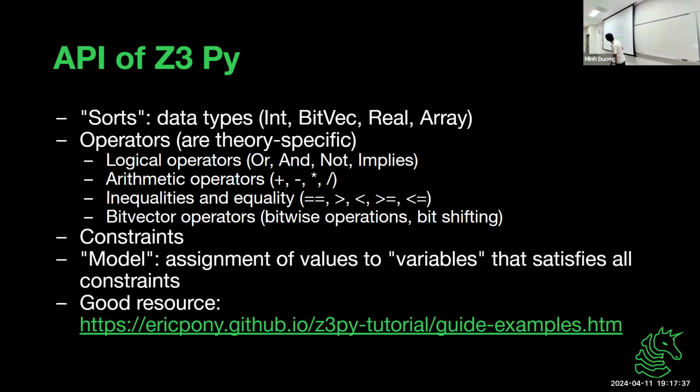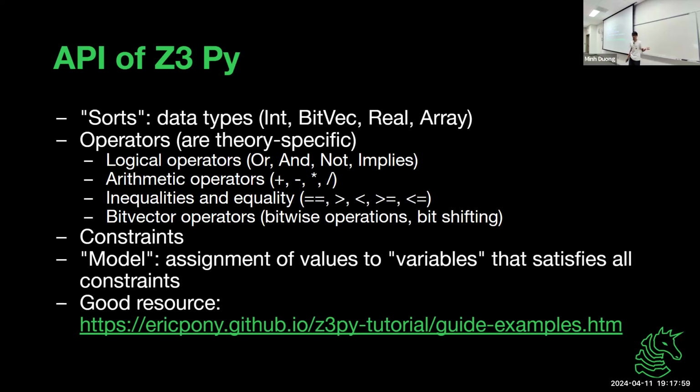Depending on the theory that you use, you get addition, subtraction, multiplication, division. You can do inequalities. Again, all of this depends on the theory. You cannot add arrays; that's not a meaningful operation. You can add integers, bit vectors, and so on.